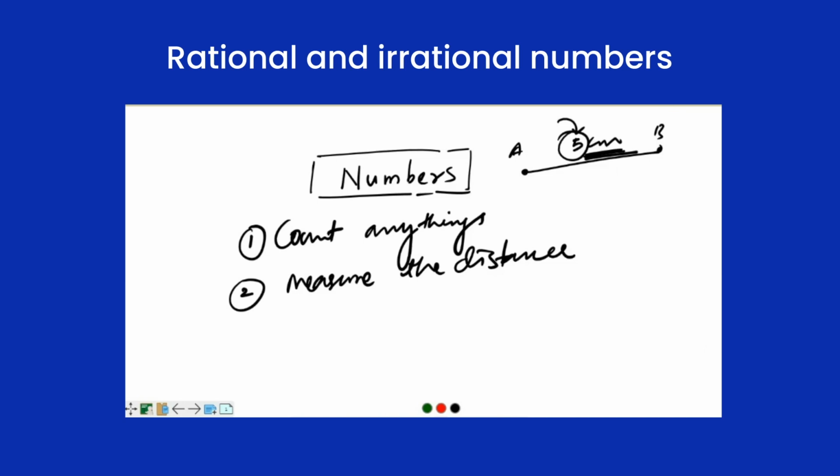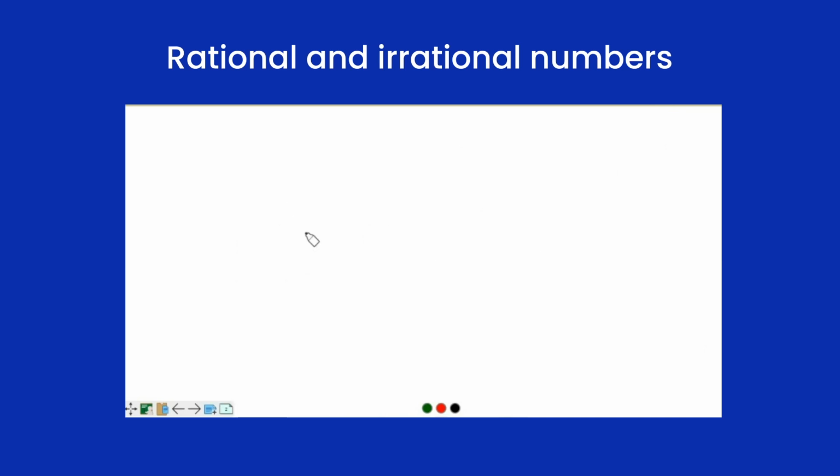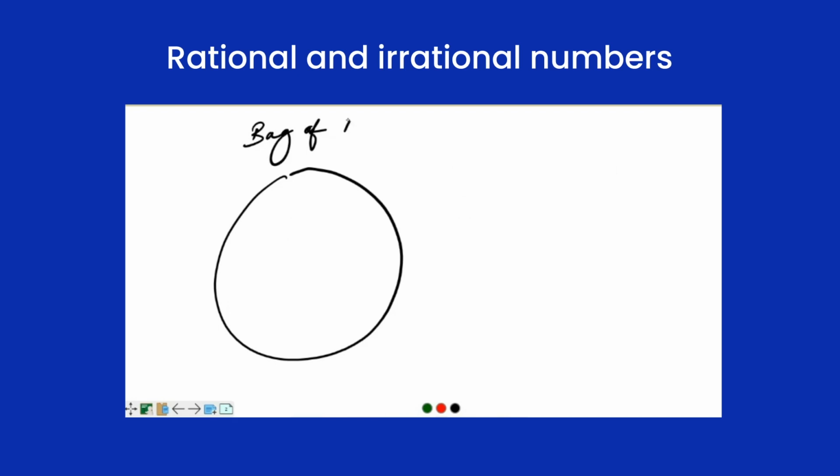So we have broad categories of the numbers. Suppose we have a bag like that. This is the bag. It's called the bag of numbers. So the numbers are basically called the real numbers, and this is denoted as the bag.